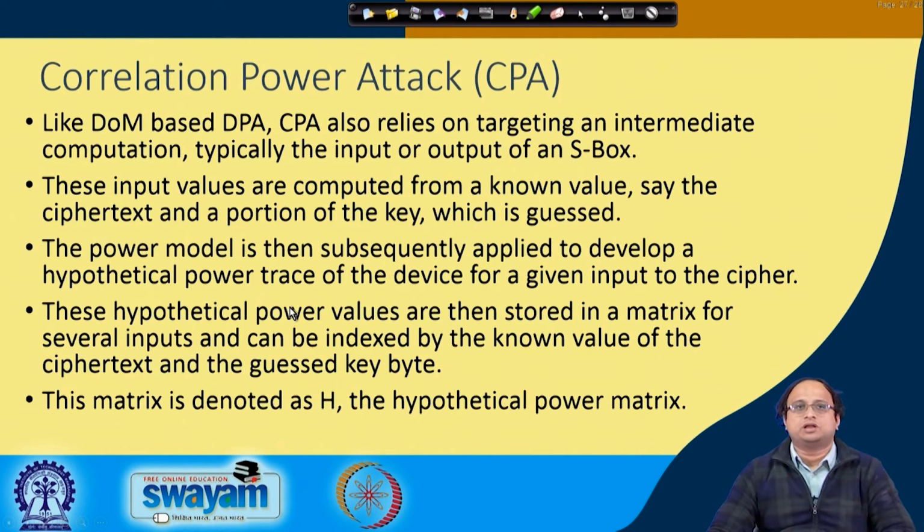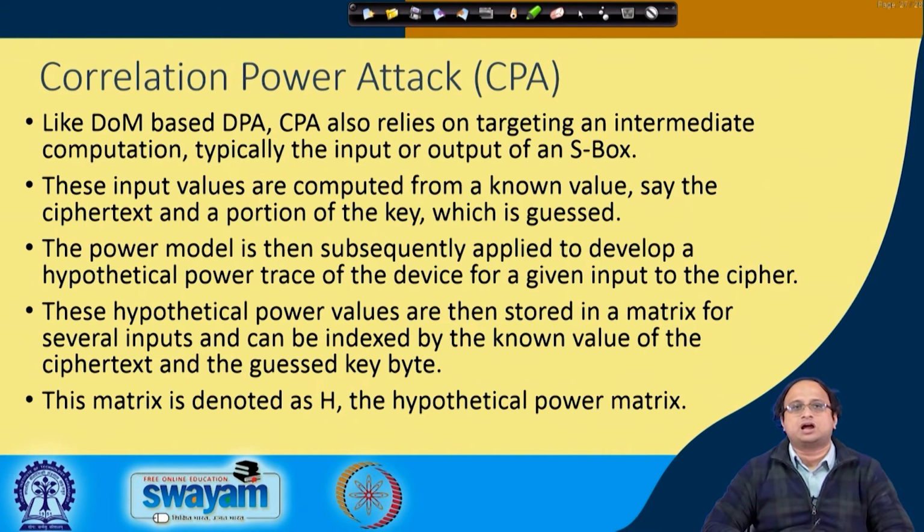Now we will start discussing correlation power attacks, or CPA. I will just initiate this discussion, and we will see more details subsequently. A correlation power attack is quite similar to the difference of mean based attack, because here also you are targeting an intermediate computation, typically the input or output of an S box, just like the DOM technique.